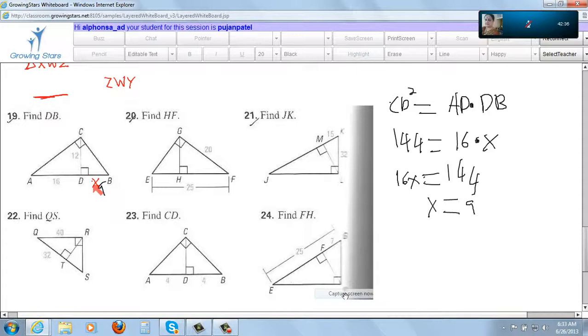HF. So you can put HF as X there. Wait a second. Okay, no, we don't need that. Actually, we don't need that, isn't it? Because GF is given. So GF is the geometric mean of HF and EF.